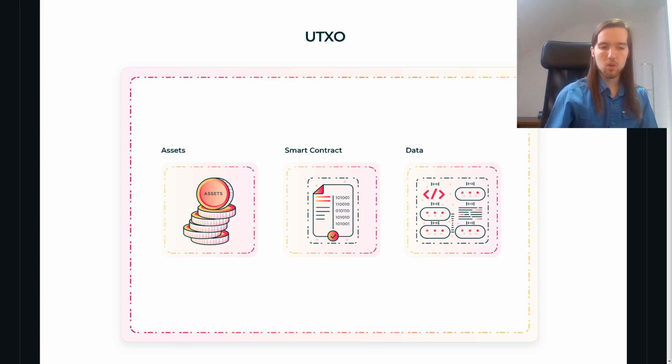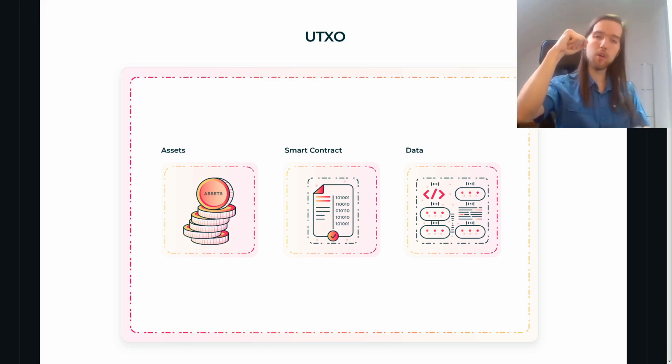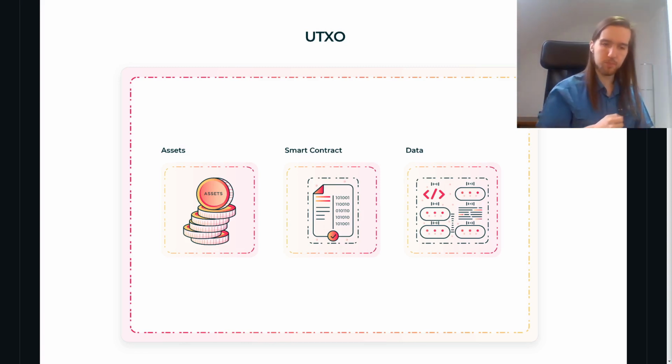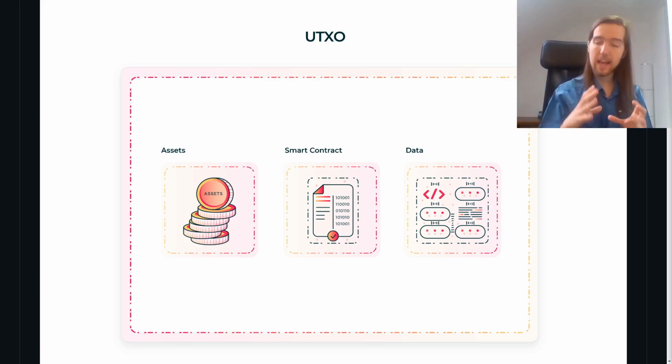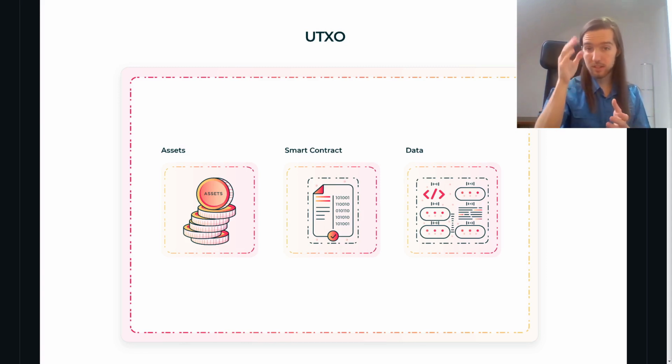And so having non-Turing complete smart contracts can be limiting. However, with native assets put together, we actually have what you could argue as a turbocharged smart contract environment. And especially when we add in the last part of this, which is the data.